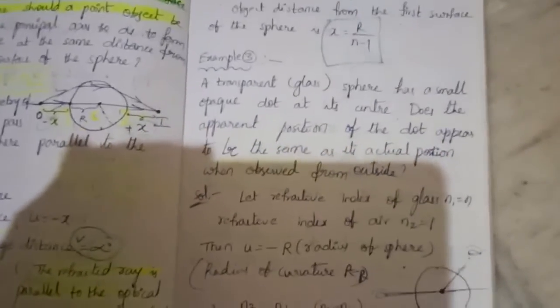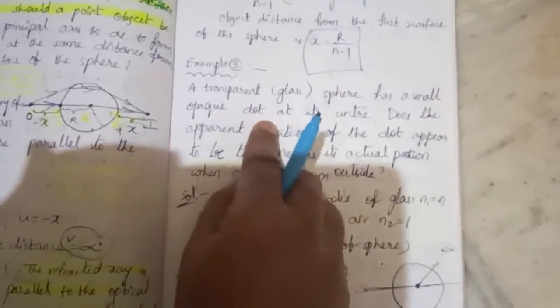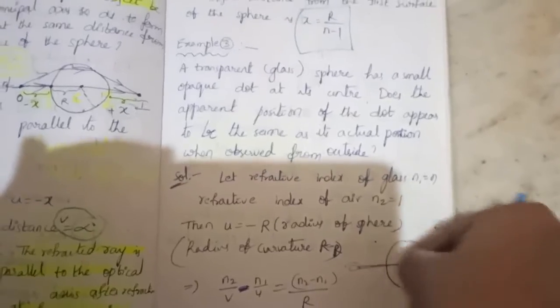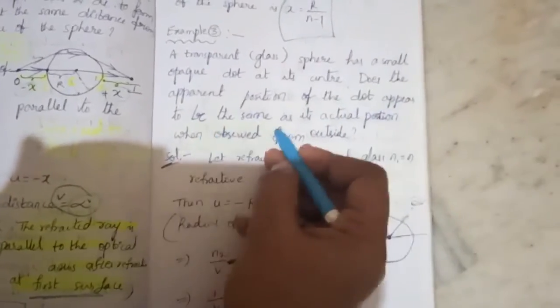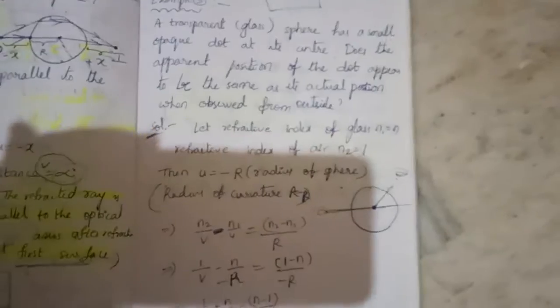Next I am taking example 3. A transparent glass sphere has a small opaque dot at its center. We need to find, does the apparent position of the dot appear to be the same as its actual position when observed from the outside?